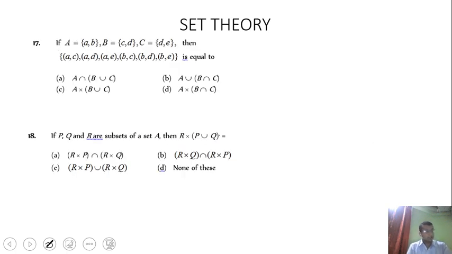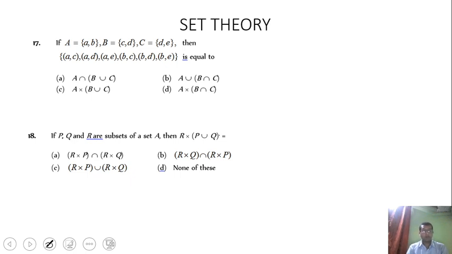Next, example number 17. A is a set containing 2 elements a, b, B is a set containing 2 elements c, d, and C is a set containing 2 elements d, e. Then they have given us an ordered pair, and we need to find which of the following expressions it is equal to.